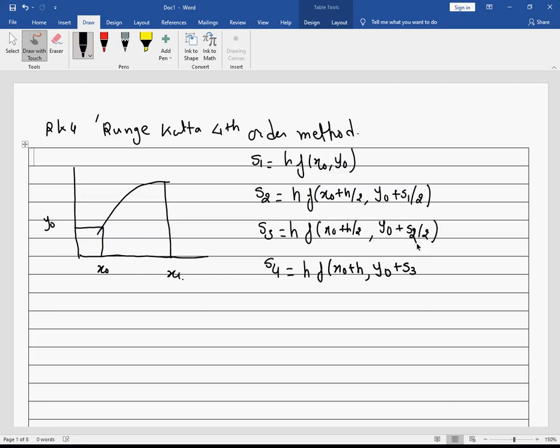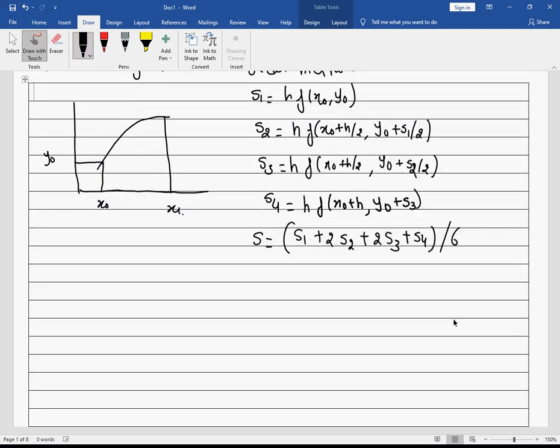Finally I am going to get a slope that is the weighted average, divided by 6. This is the way I have to do it, and finally my y1 will be equal to y0 plus the slope.